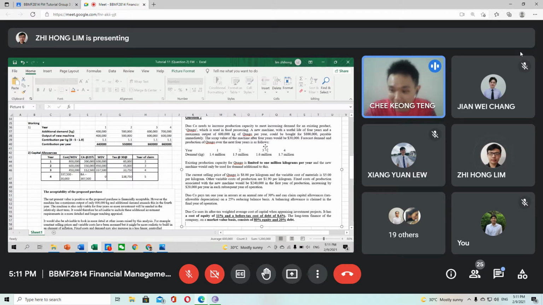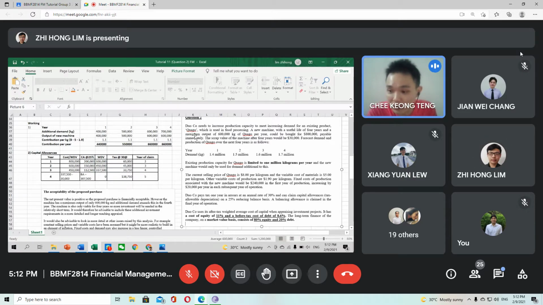If you purchase the new machine, then from the third sentence you can see a maximum output of 600,000 per year for this company, which means that if you buy one additional machine, the additional machine can give you additional 600,000 outputs.